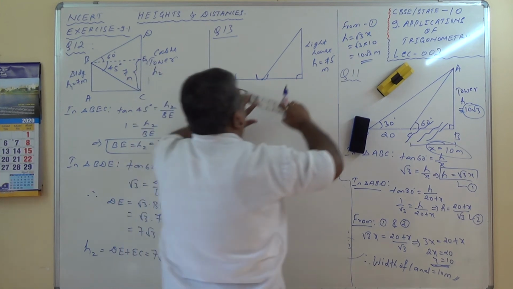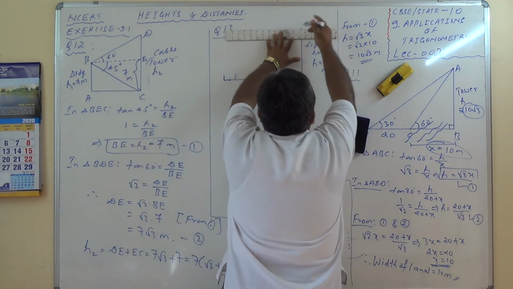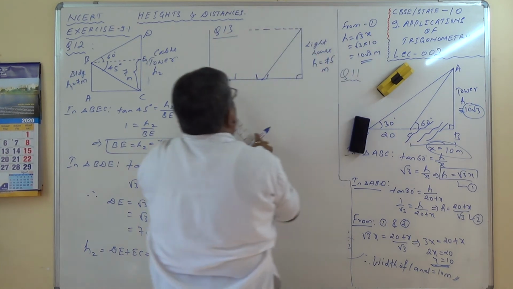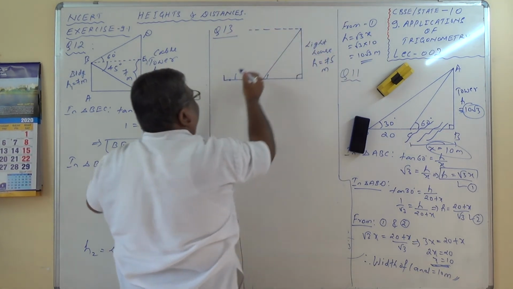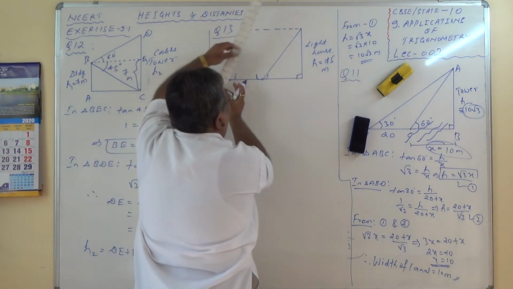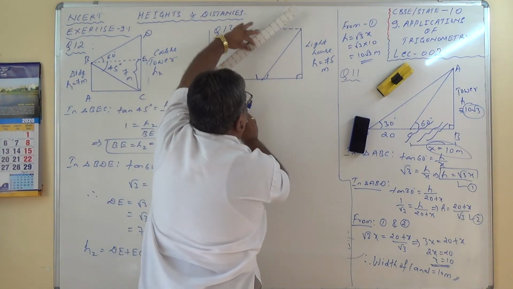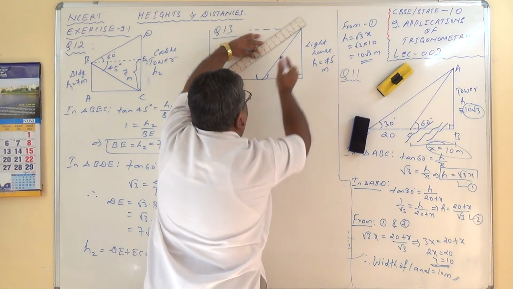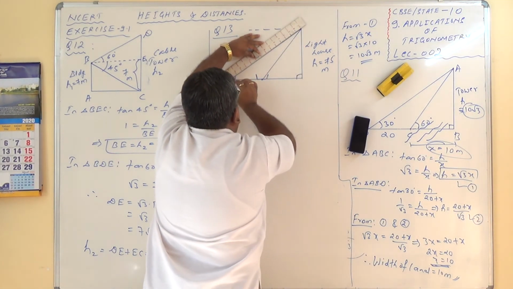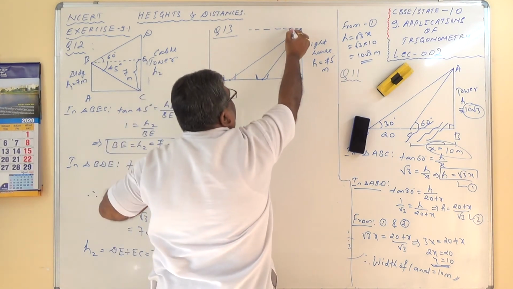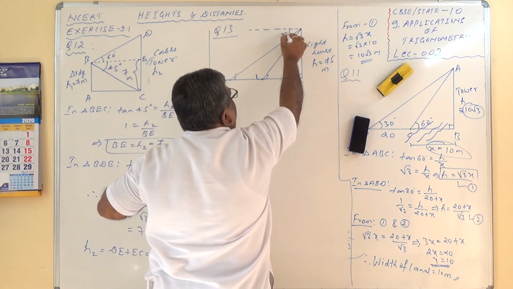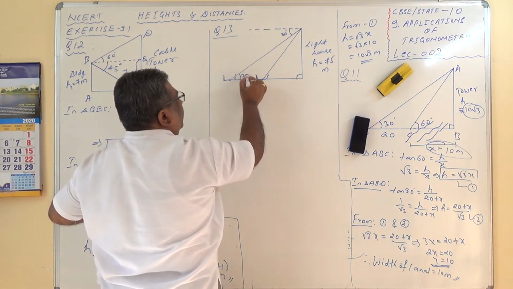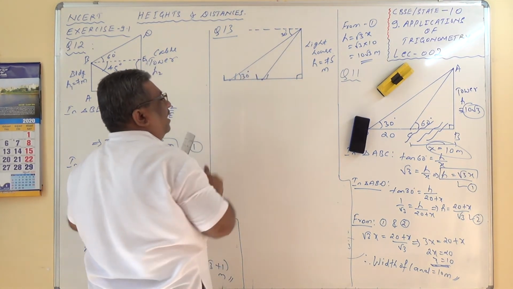From here if I observe this ship, the angle of depression is 30 degrees, and therefore this also will be 30 degrees, alternate interior angles.